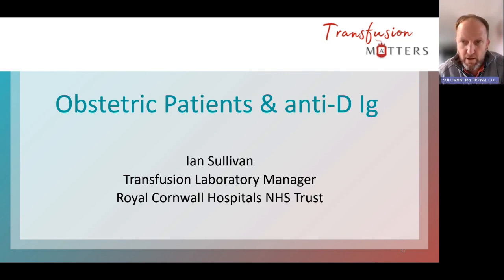Question 4, are ABO antibodies IgG, IgM or both? Next one, ABO hemolytic disease of the fetus and newborn is worse in which maternal blood group? A, B, AB or O?